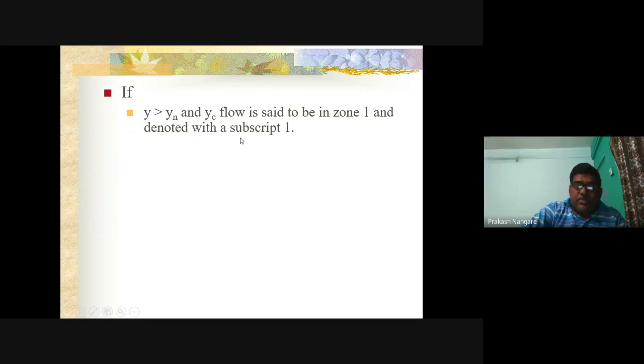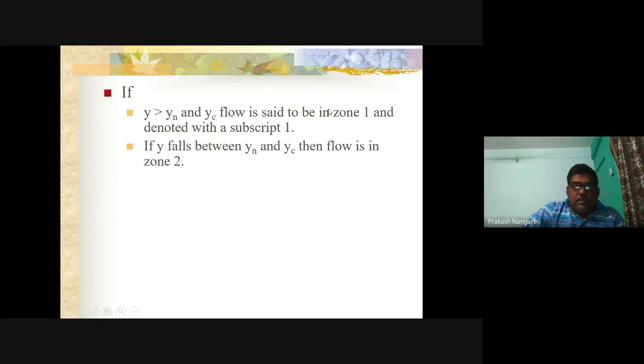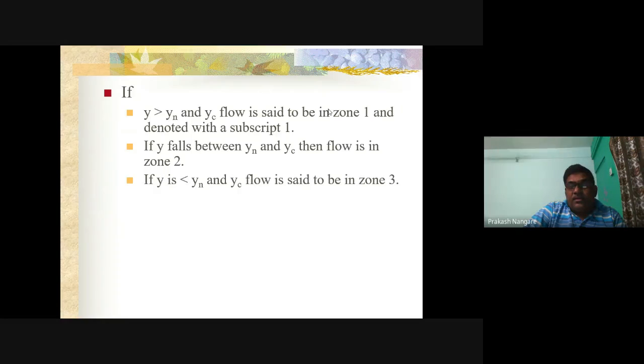So if the depth of the flow lies in the first zone, it is greater than the normal depth. If y falls between yn and yc, then the flow is in zone 2. And if y is less than yn and yc, the flow is said to be in zone 3. So according to the actual depth of the flow, there are three categories of zone: zone 1, zone 2, and zone 3.